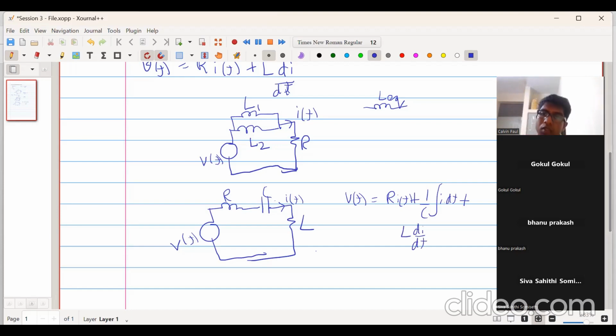So this is the differential equation form. What is the order of the differential equation?